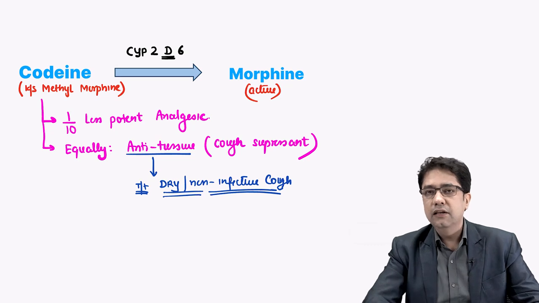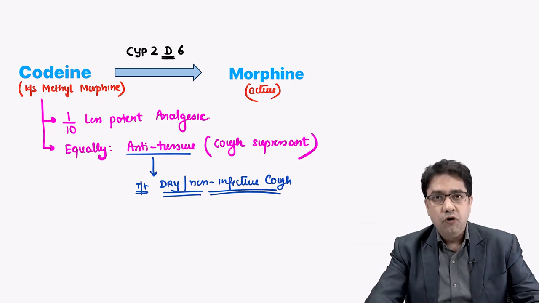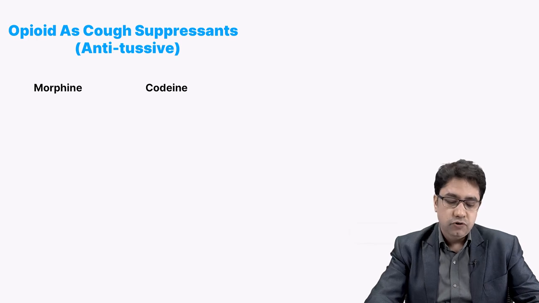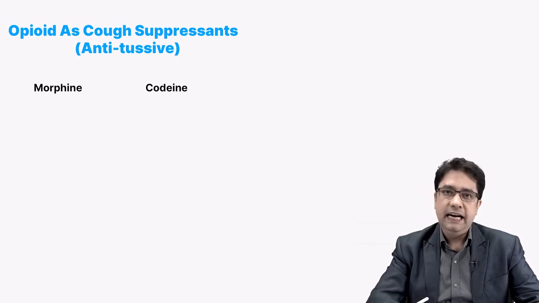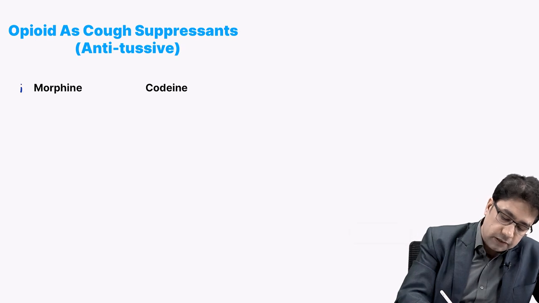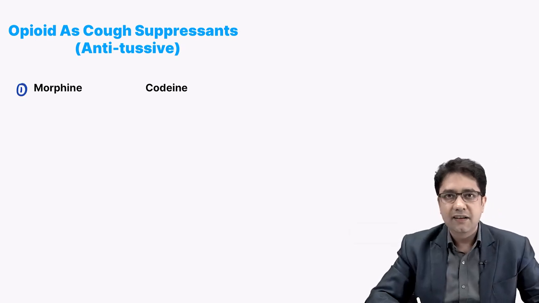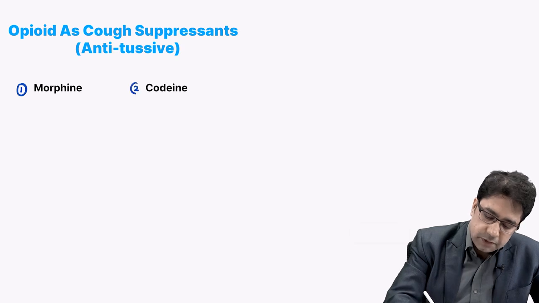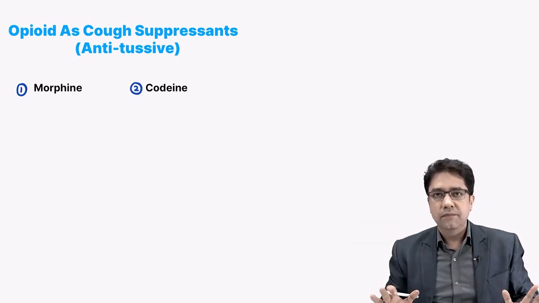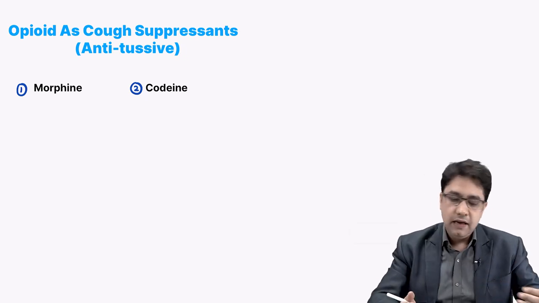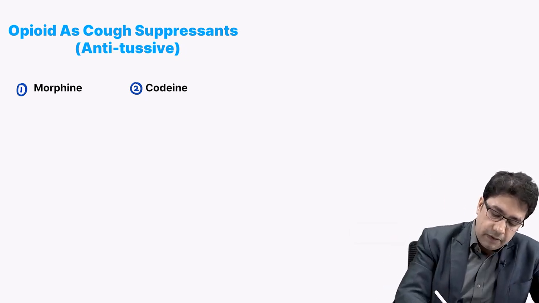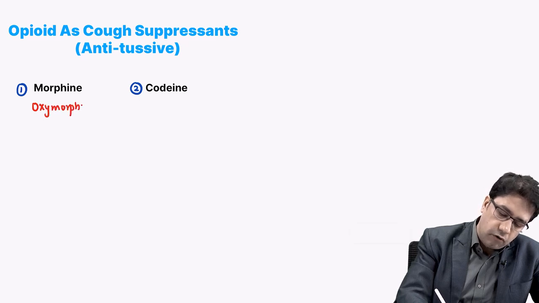So let's make the list of the drugs among opioids which are used as a cough suppressant or antitussive. So the first drug is morphine. Morphine syrups are there. Similarly, codeine syrups are there. So these are natural drugs. Now we have modified them, and from morphine we have made oxymorphone, a derivative of morphine.